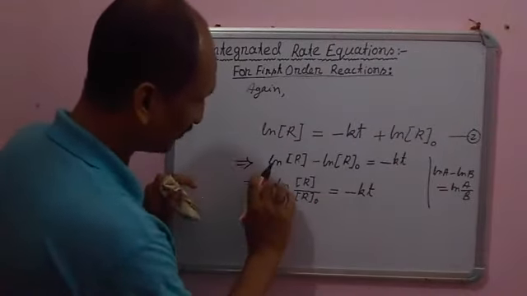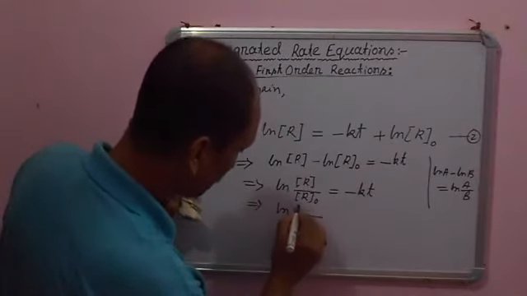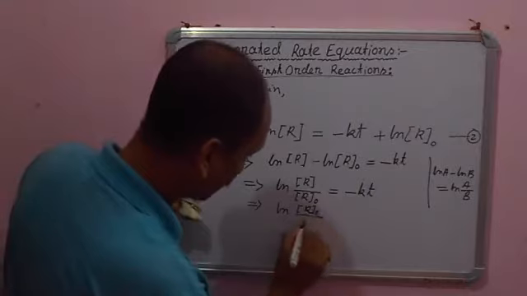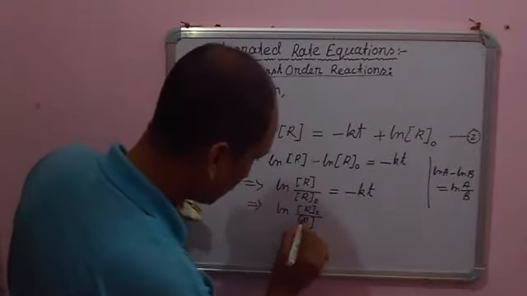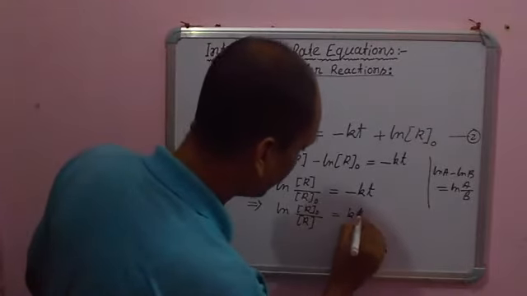If you multiply it by minus 1, this becomes ln of R naught by R. It will be reversed. That will be equal to kt.